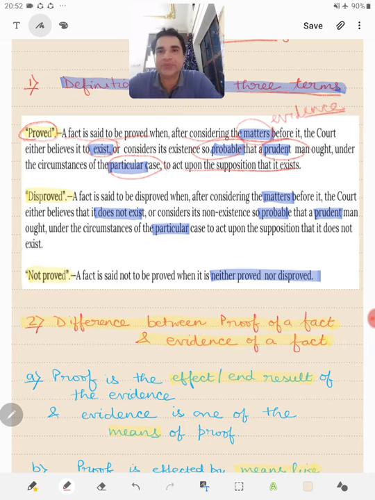That is, proved means something which creates a tendency of persuasion in the mind of a prudent person that most probably that thing exists.